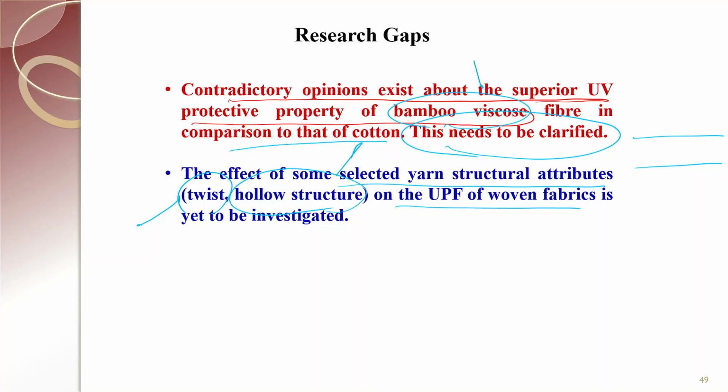But at the same time, as the diameter reduces, the inter-yarn space increases, and that may reduce the UPF. Now, with the experimental data, we try to understand the effect of yarn twist on the UPF value of woven fabric.